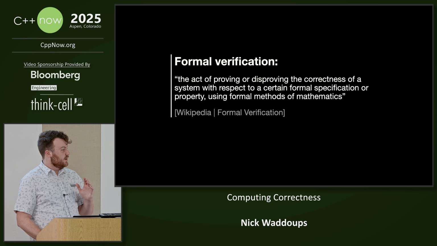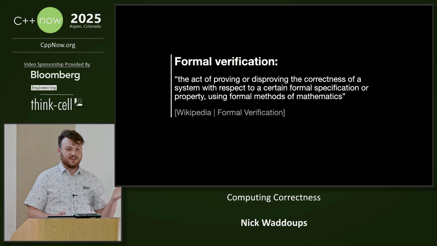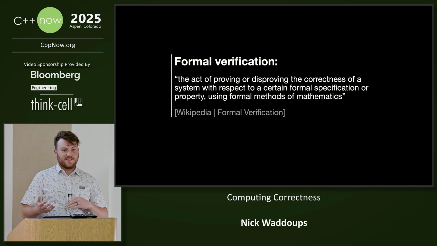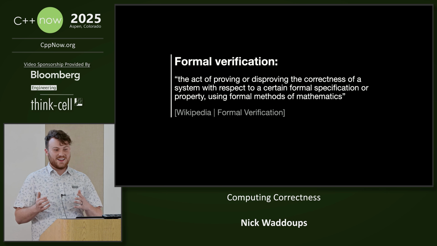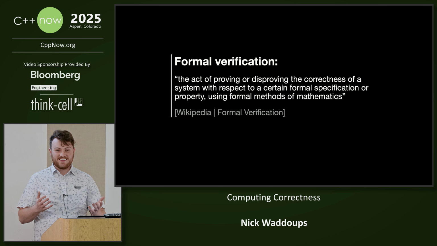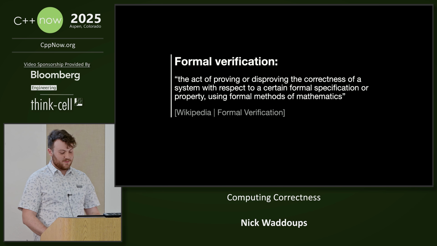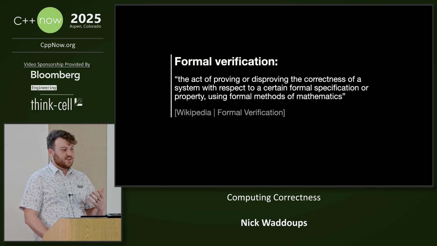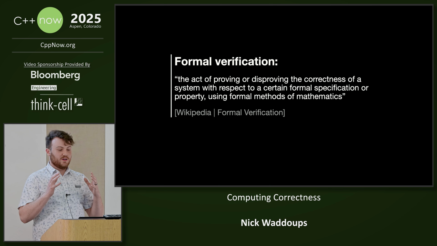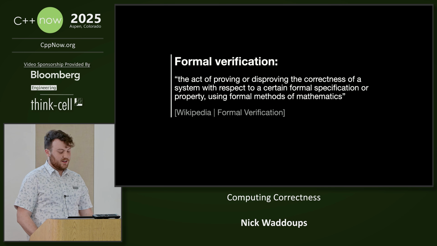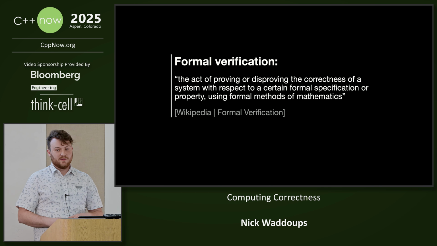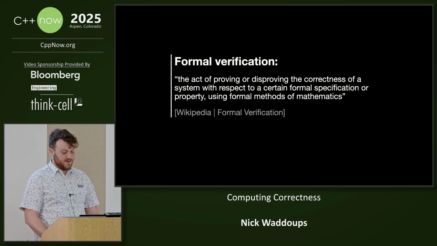One thing you might notice in this definition is that the last part is using formal methods of mathematics. I have to say, that is a challenge. I did not take a lot of math classes in school. I don't come from a mathematical background. One of the most challenging things for me about working in the formal verification space is trying to bridge the gap between the code that I write day to day and the mathematics that are often used to present these methods.